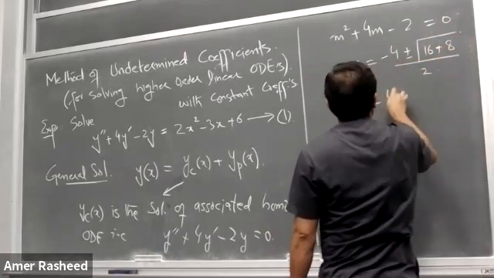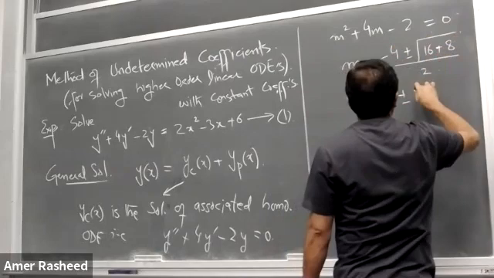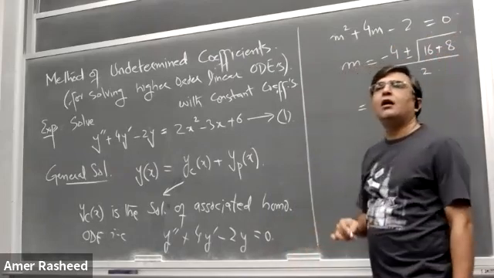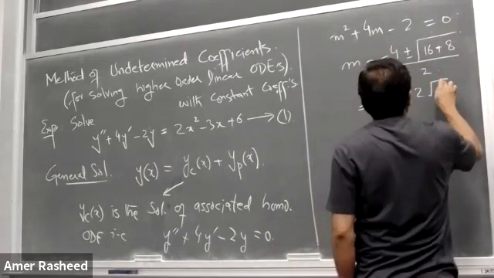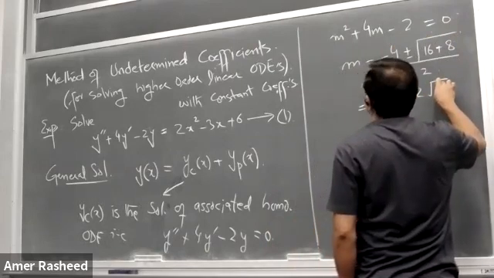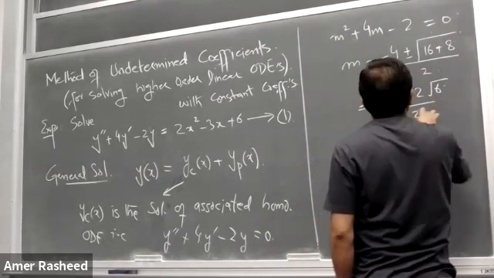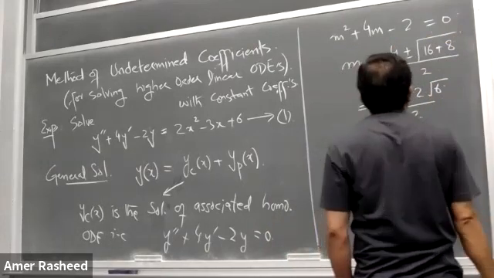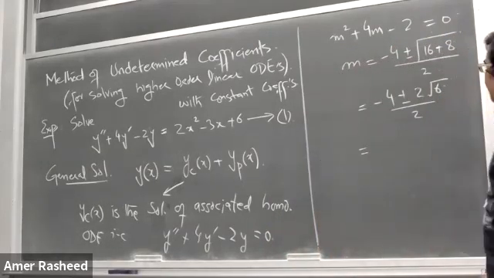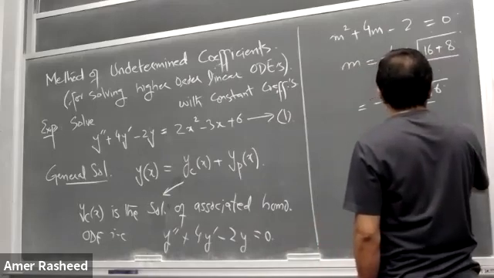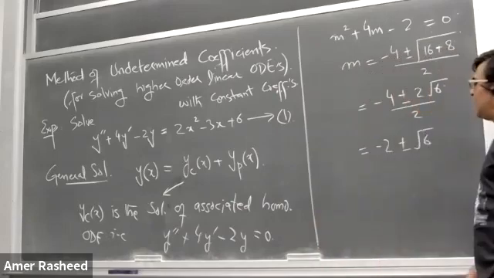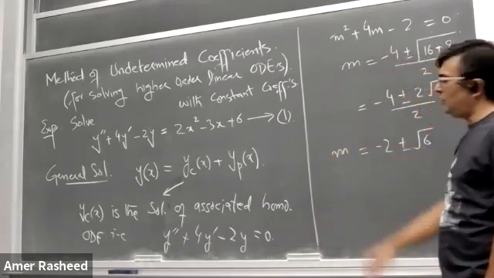That is -4 plus minus the square root of 24, divided by 2, and it becomes -2 plus minus the square root of 6. These are the roots.